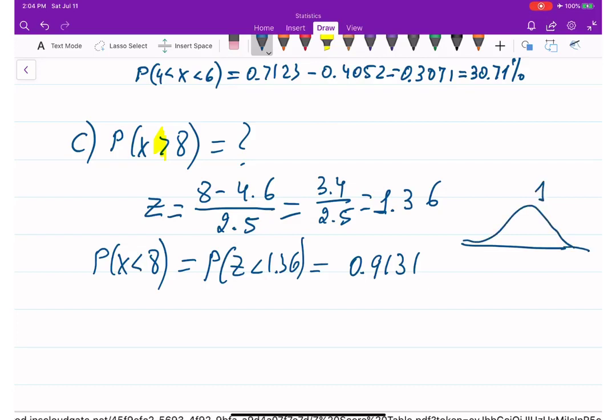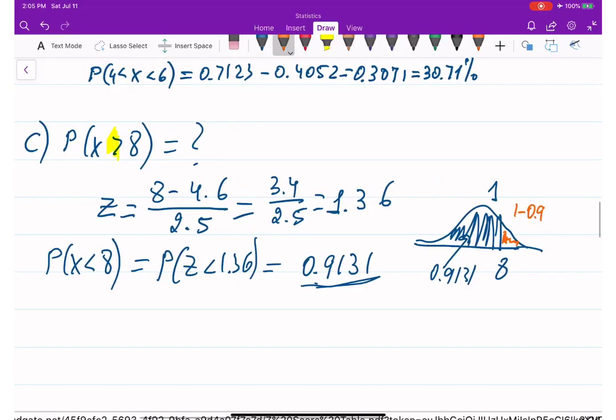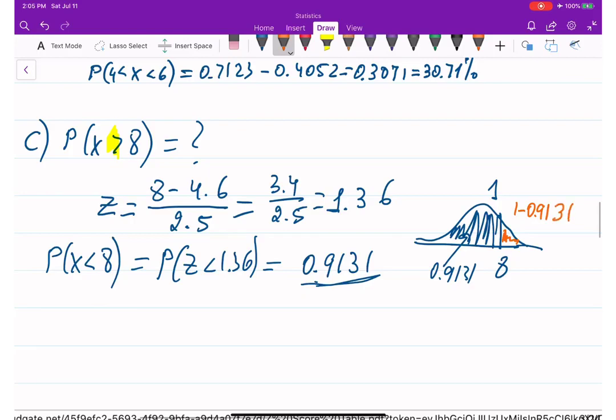So if x is 8, we got less than 8. I'm seeing here 0.9131. It's 91%, so it's going to be way close to the end. So if this area is 0.9131, then greater than is going to be 1 minus 0.9131.